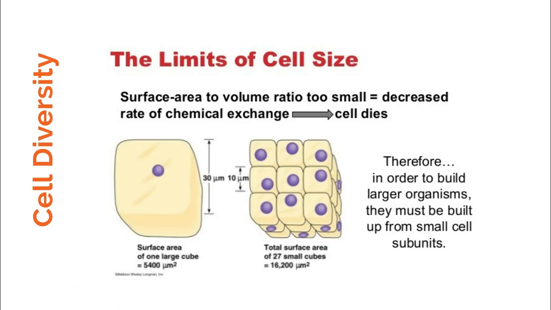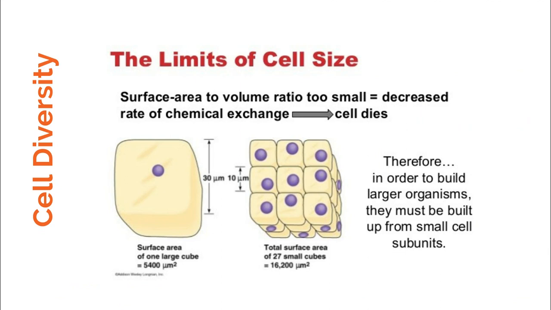So take a look here. When the surface area to volume ratio is too small, in other words, if the volume of the cell demands more nutrients in and more waste out than the surface area can provide, then the cell won't be able to survive.